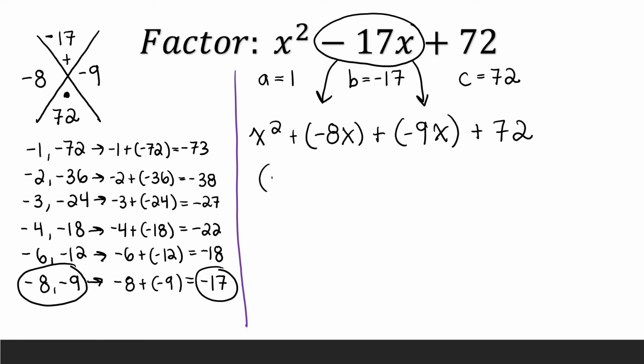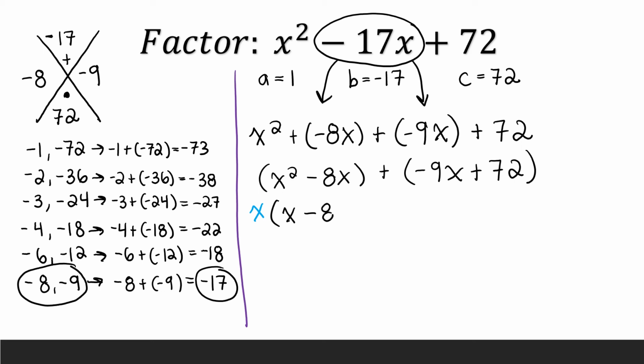So we have the group that's our x squared minus 8x, another group that has our minus 9x plus 72. And we can factor the greatest common factor from each group. So for our first group, we factor out an x, and we're left with x minus 8. For our second group, our greatest common factor is 9, and we're left with a negative x plus 8.